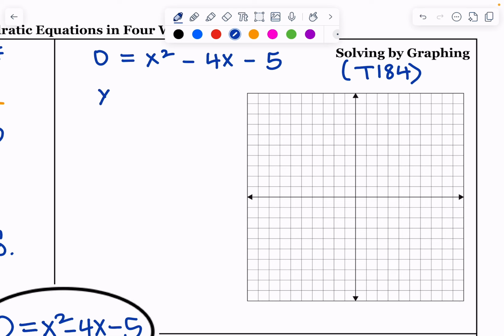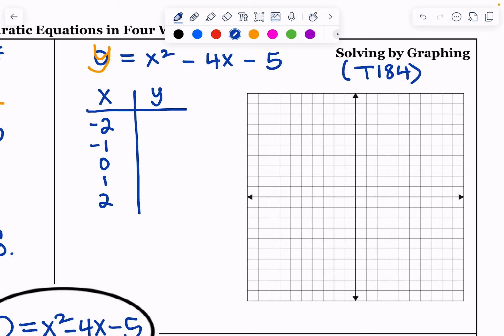So I'm going to pretend that this 0 equals is a y equals and make a chart and try graphing. So for now, I'm going to just plug in -2 to +2 and see if we need to add more points to find the solutions here.